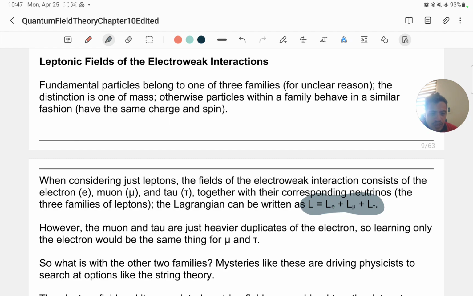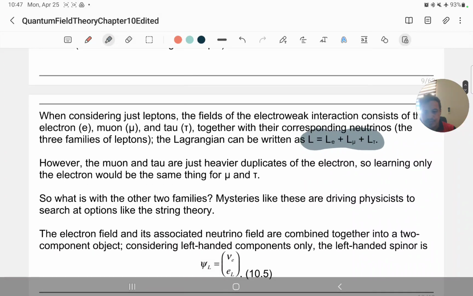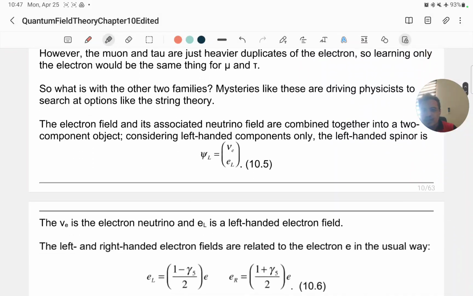So you can only study the electron and then you know it for muon and tau. So there's a question: what is with the other two families? Some particle physicists try to explore string theory to explain these things.